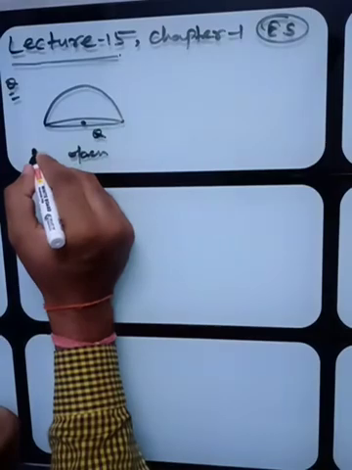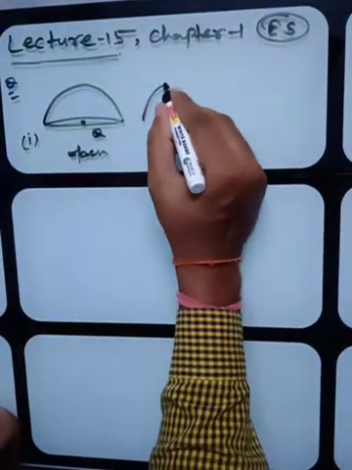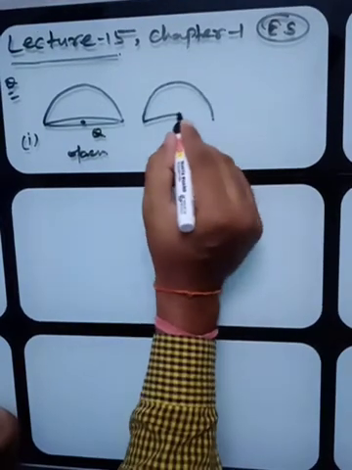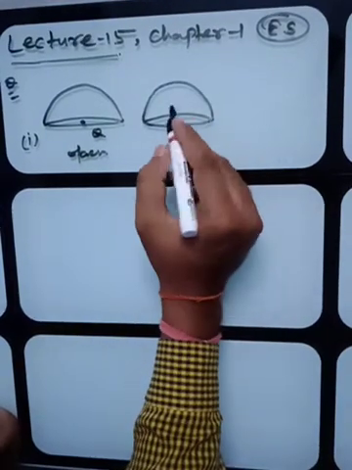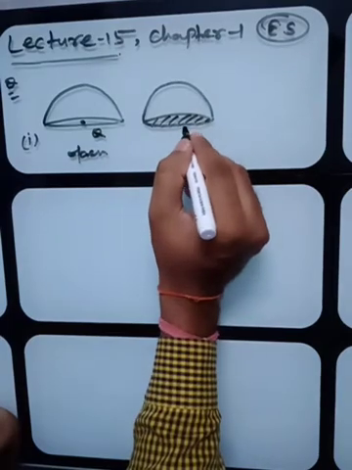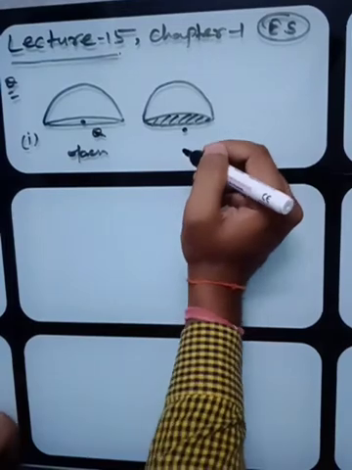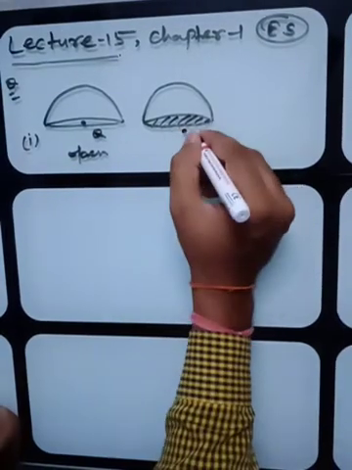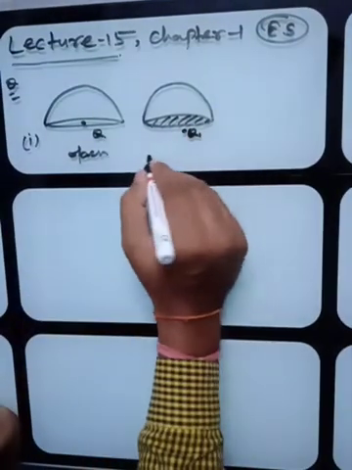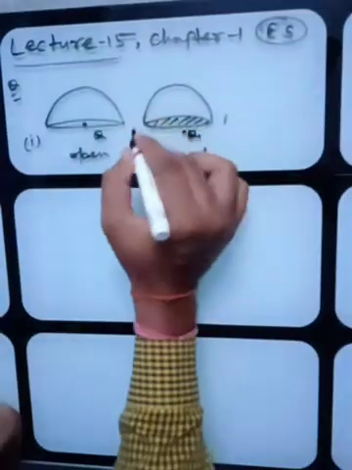This is diagram 1. Now again a hemisphere, and this hemisphere is closed and the charge is placed just outside, above this closed surface. This charge is placed and this is a closed hemisphere. This is the second diagram.